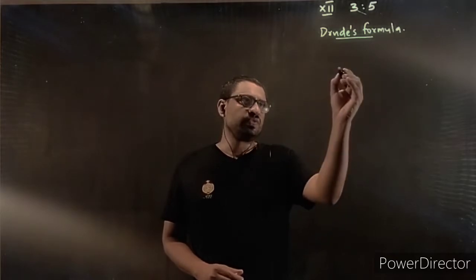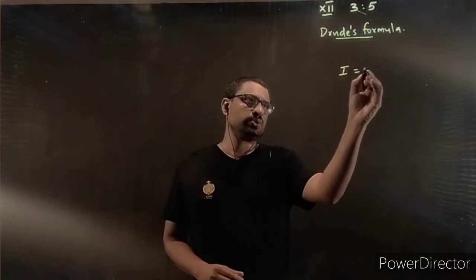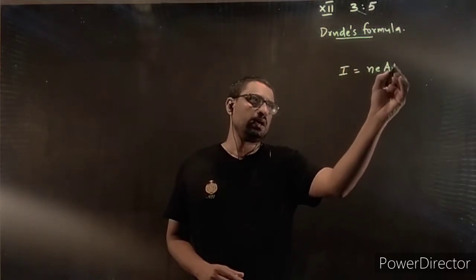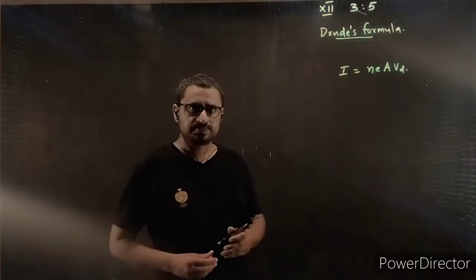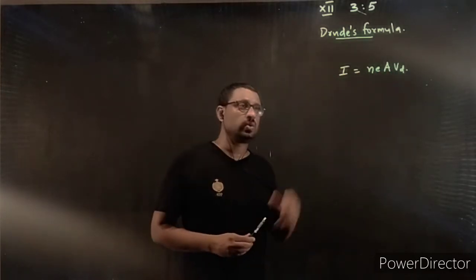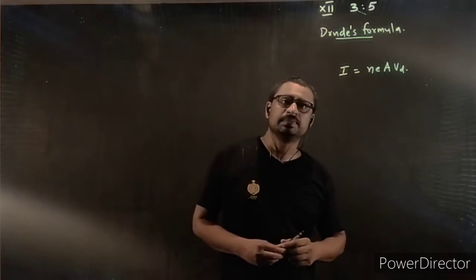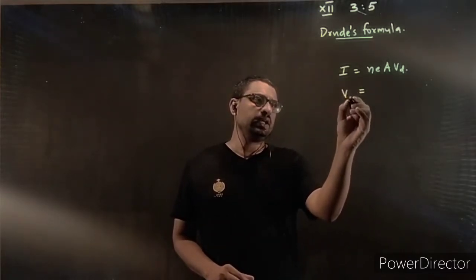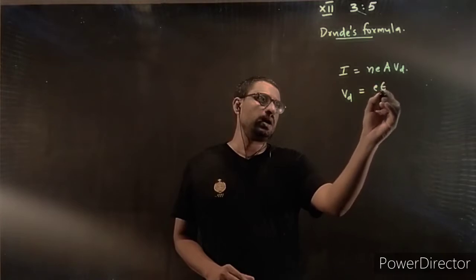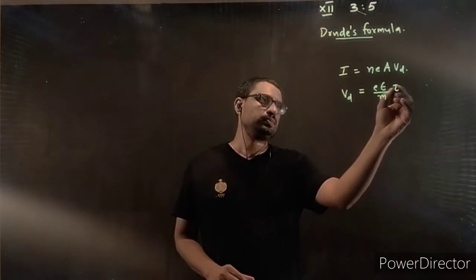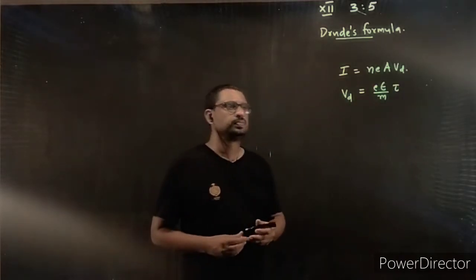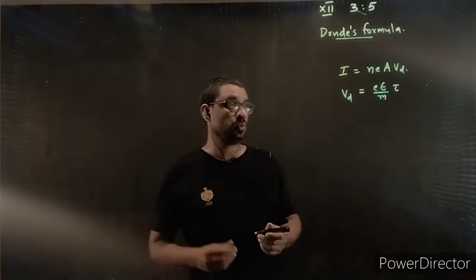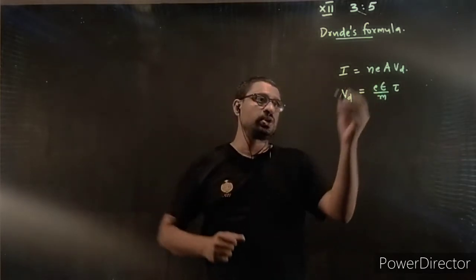You remember one equation for current, I equal to NeAVd, right? Now what is Vd? Vd equal to eE by m into tau. So let's substitute it there.